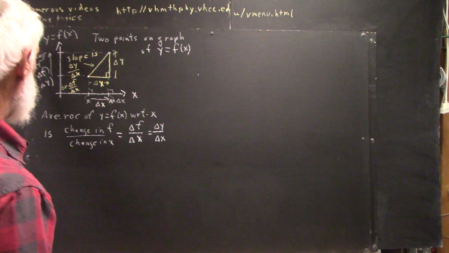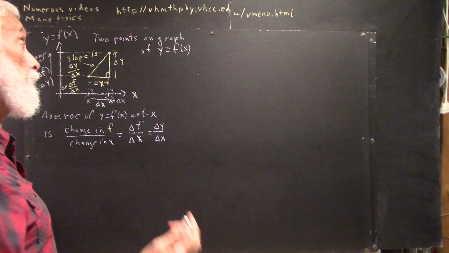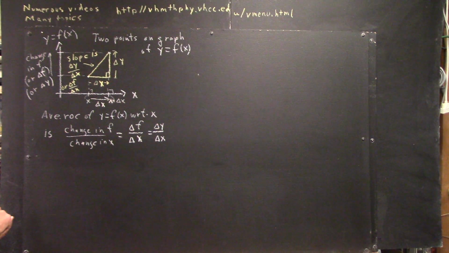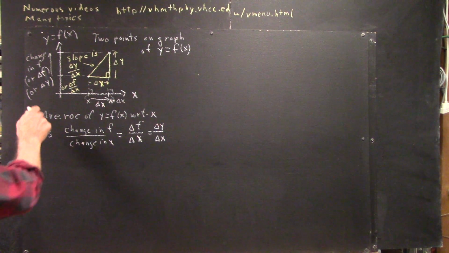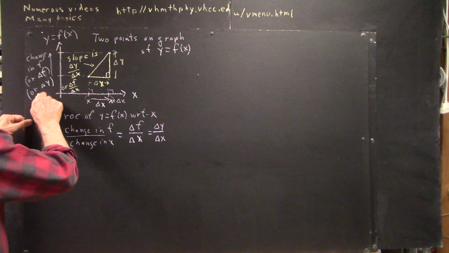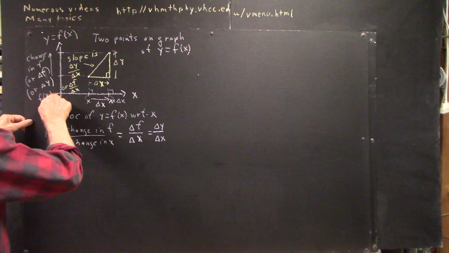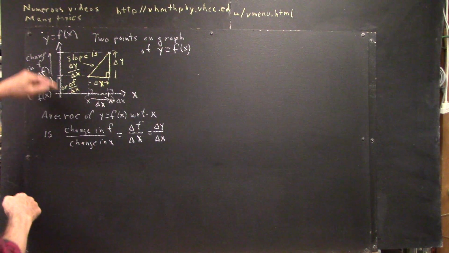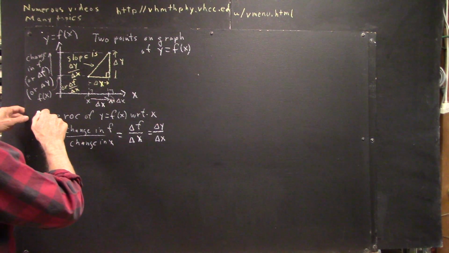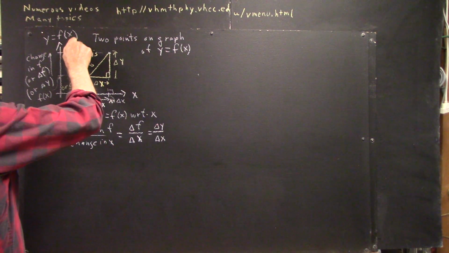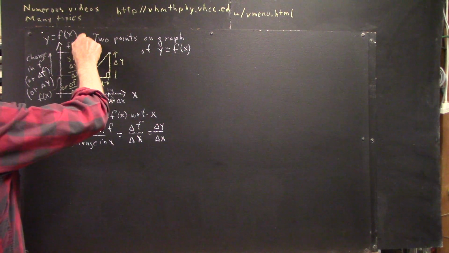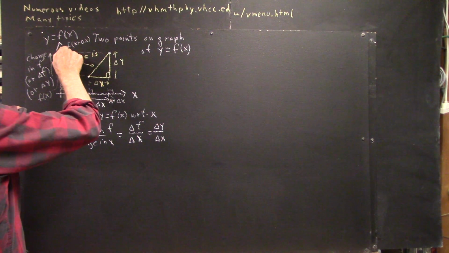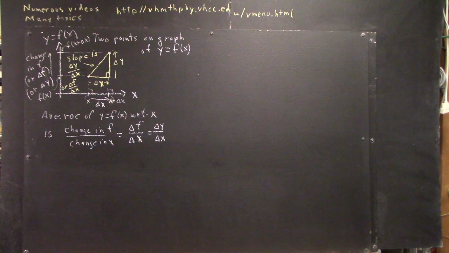Now, I didn't leave myself room to write that because I didn't plan carefully enough. So I'm going to say f of x is this value on the y-axis, and f of x plus delta x is my value on this axis.